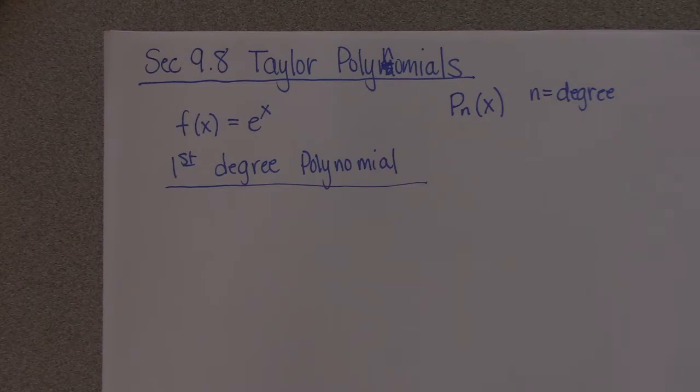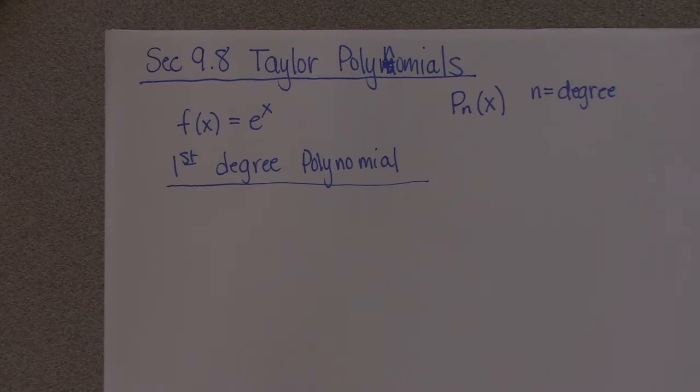Sine and cosine we typically build around 0, but in theory I can build it around any x value that I want. We talked about in the last section that the value you build it around is called the center. So that's what comes out in the interval. I'm also going to show you some pictures today of what the series is actually doing and how it turns into the original function.